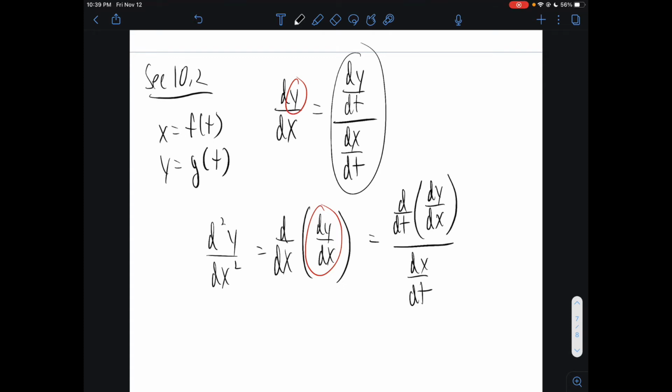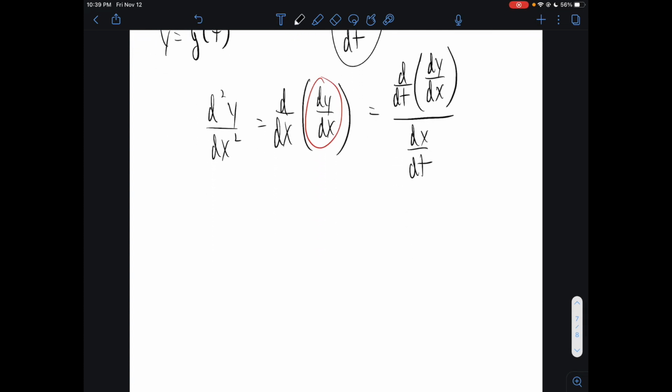So first, I'm going to start with number 8 on page 655. Which asks us to find an equation of the tangent line to the curve at the given point by two methods, without eliminating the parameter and then by first eliminating the parameter.